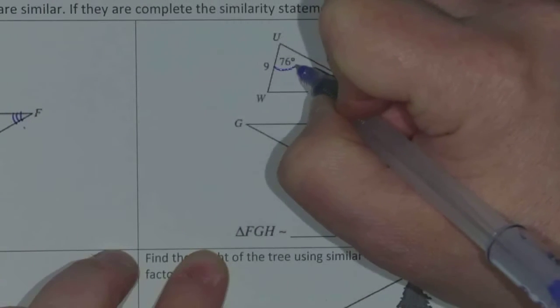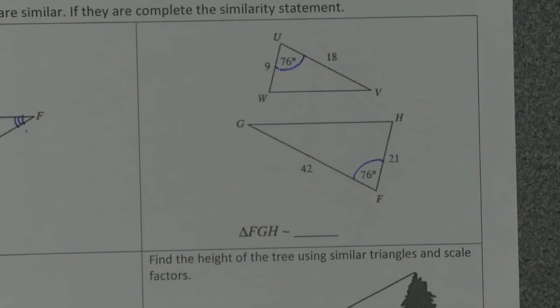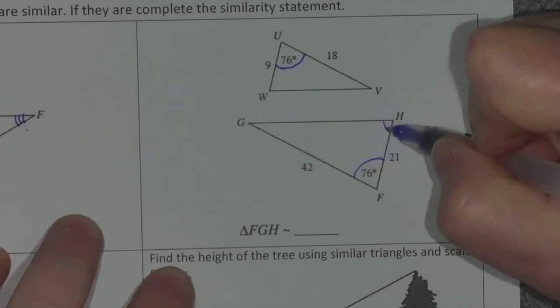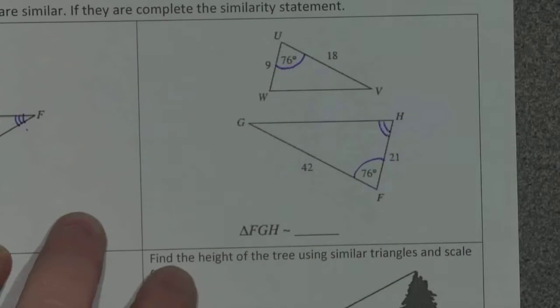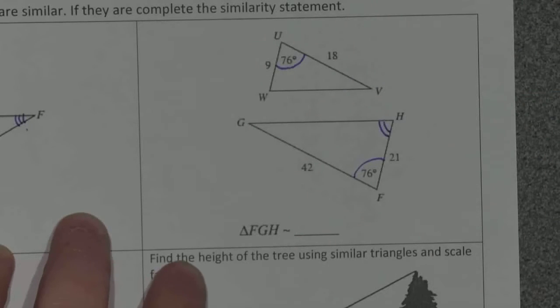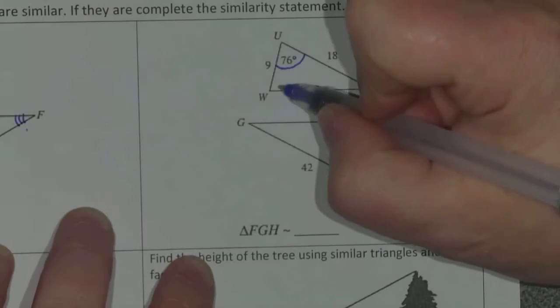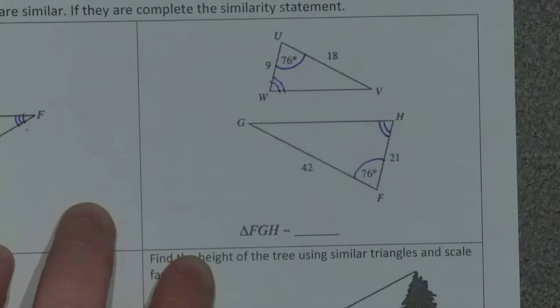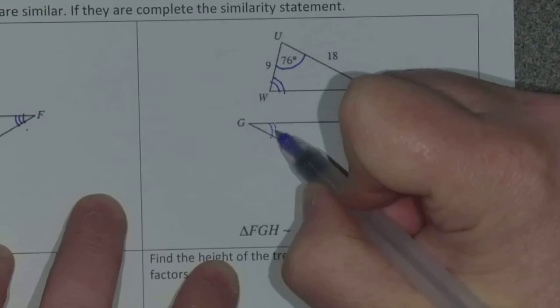I'm going to mark it with 1 marking and it's congruent to 76. Okay. Because I was already told that these are similar, which angle would I mark the same as angle H in the other triangle? Would it be W or V? It's W.